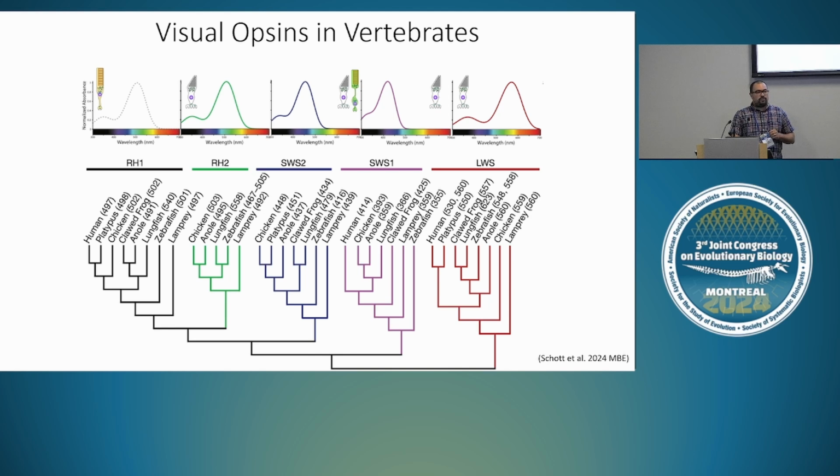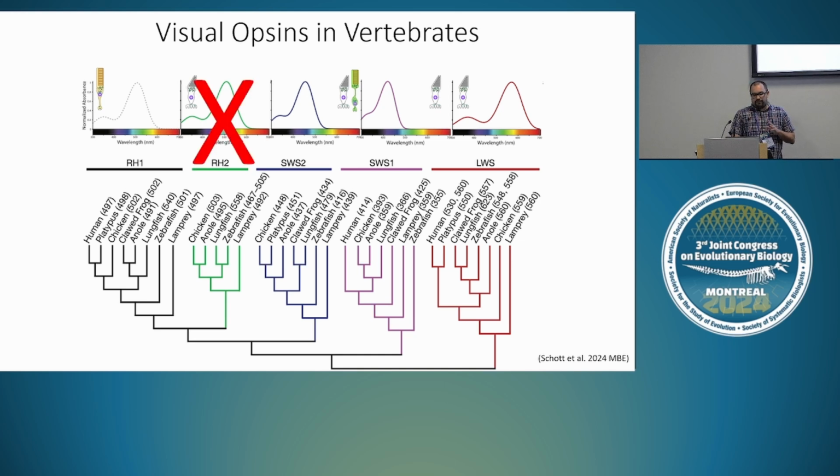We have RH1, the rod opsin found in rods for dim light vision, and then 4 types of cone opsins found in different types of cones, each sensitive to a different portion of the light spectrum. And these are involved in bright light vision, as well as in some animals, color vision. Now in frogs and amphibians generally, they've lost the RH2 opsin, so they've lost one of those 4 cone opsins.